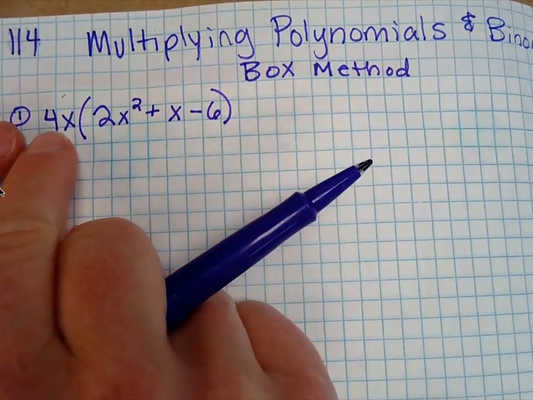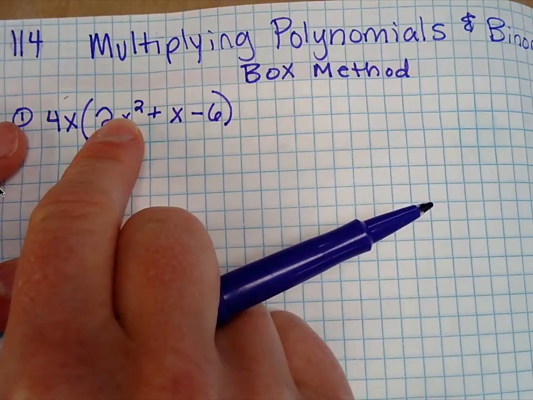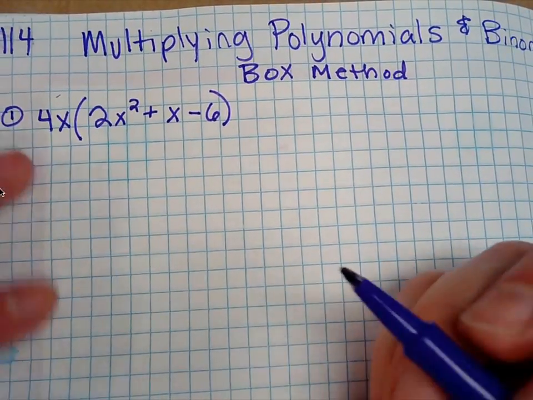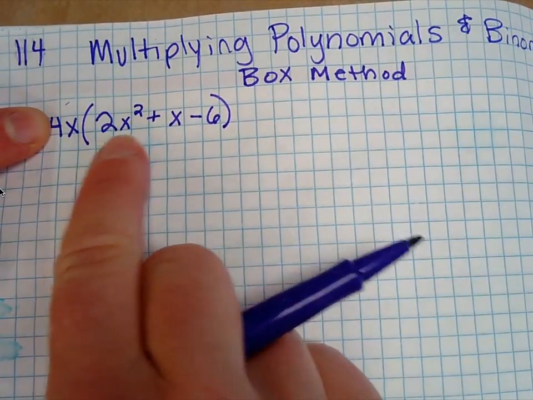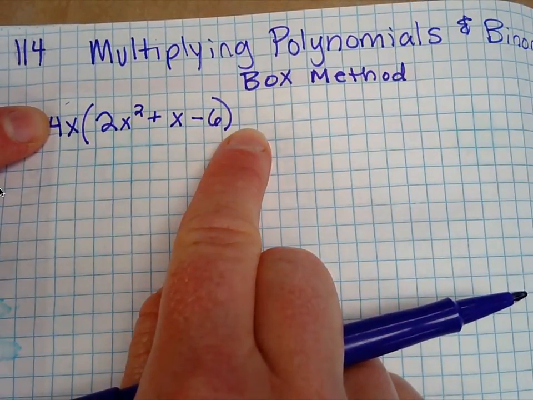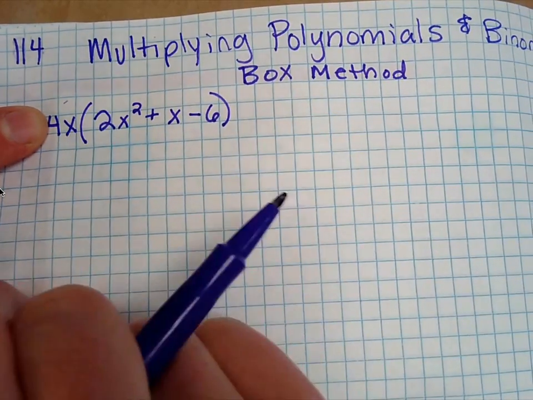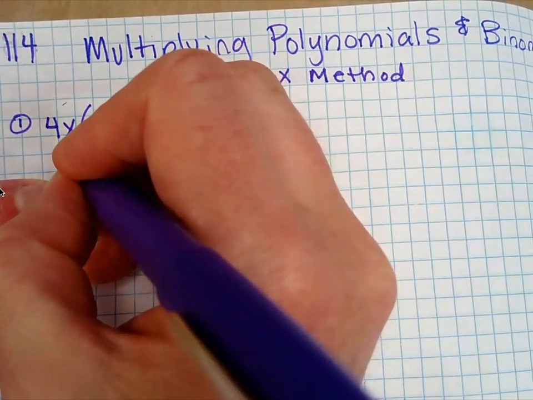So you can always use that method. The method I'm going to use right now is the box method because it keeps it more organized. So say I have 1 term times 3 terms. So I'm actually going to make a rectangle or a box to show multiplying these.